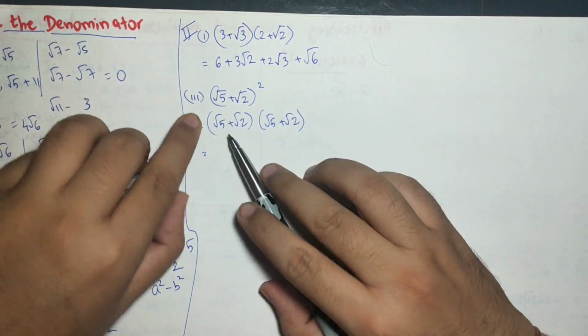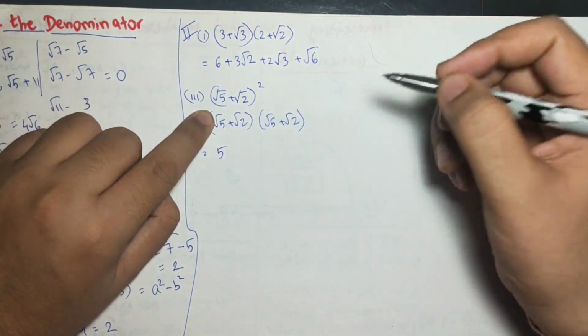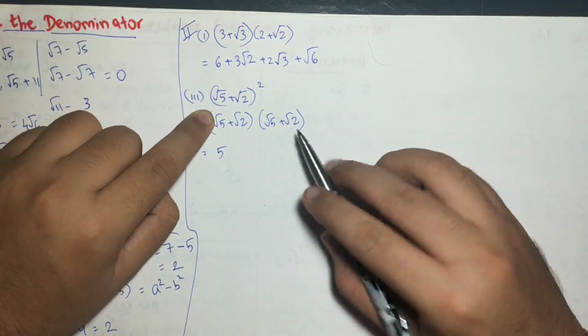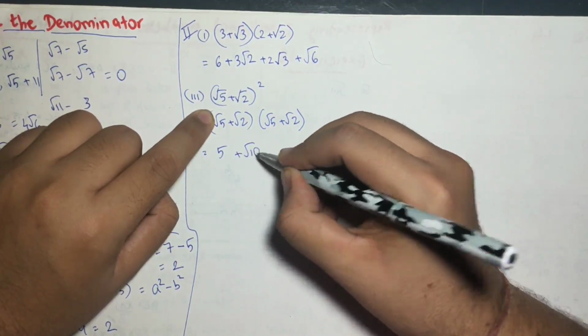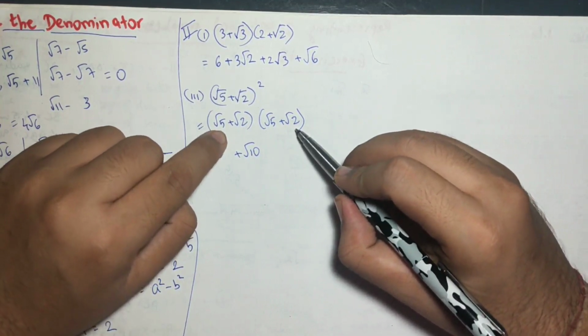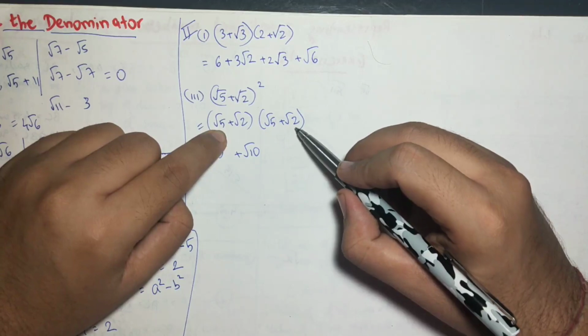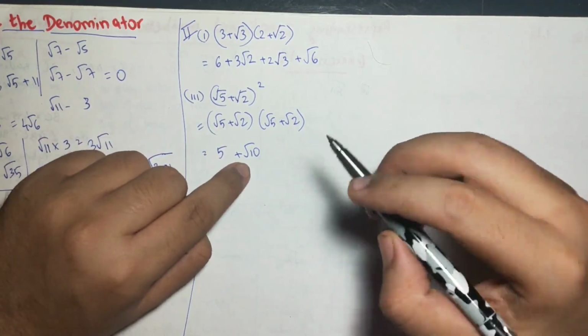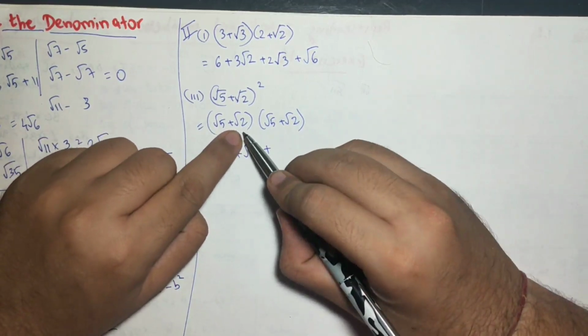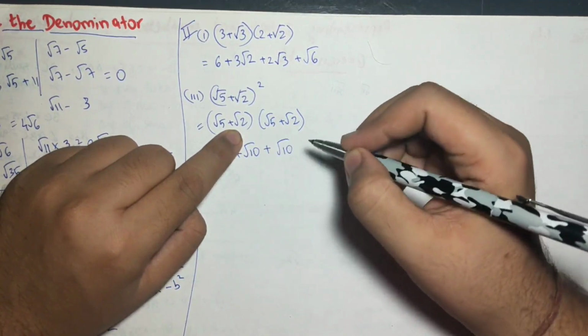If I multiply in this way, root 5 will get multiplied by root 5, that is 5. Root 5 multiplied by root 2 is root 10. 5 into 2, both are in the root sign, so I have told earlier that they can be multiplied. So 5 into 2 is 10, and I kept the root sign. Plus the second term of the second bracket, root 2 into root 5, that will again be root 10.